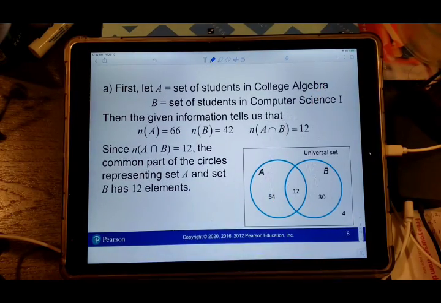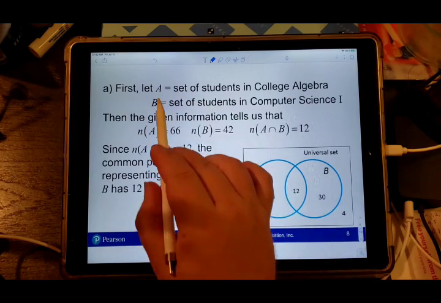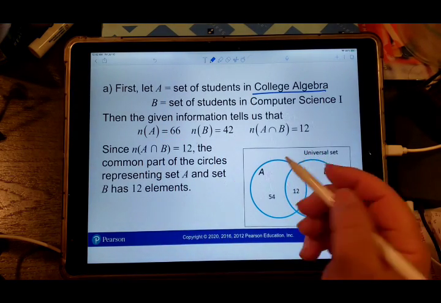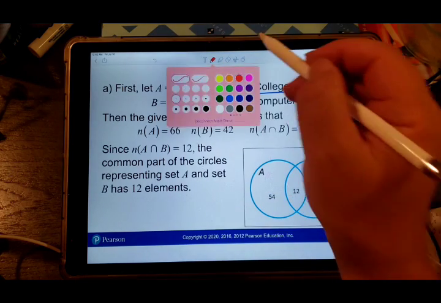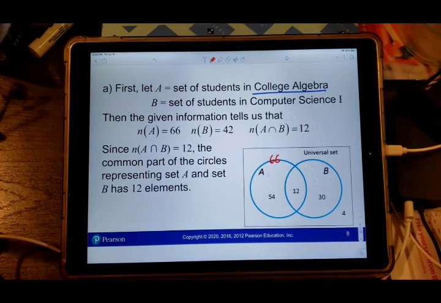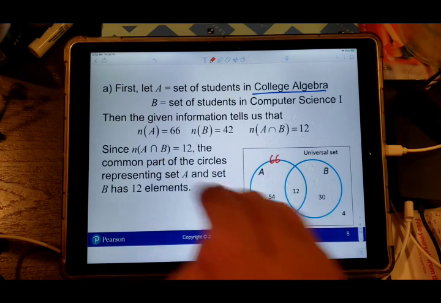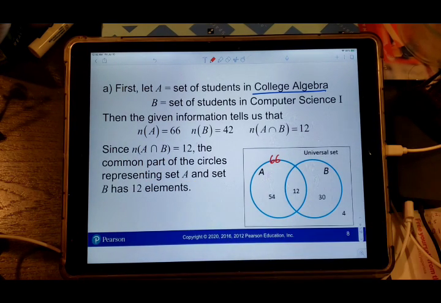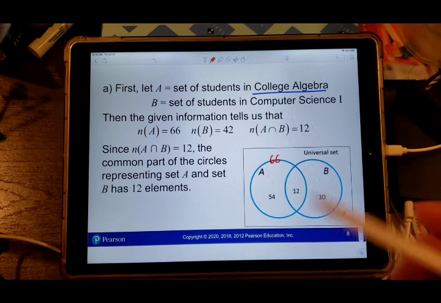So we'll see how the author lays this out. If A is the number of students who took college algebra, again, pretty non-standard, but I would put 66 on that circle itself to remind me that the total sum is 66.